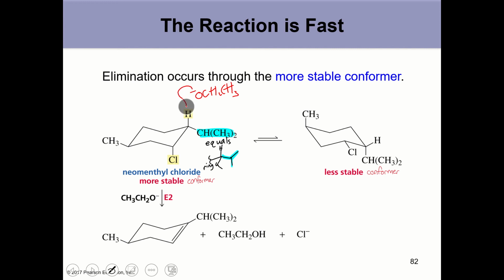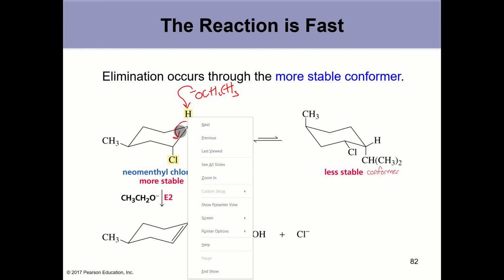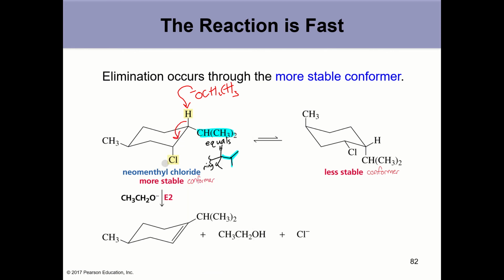And base comes and takes the hydrogen. The sigma electrons of hydrogen form a pi bond, and the chlorine gets kicked off. And that gives us our alkene.